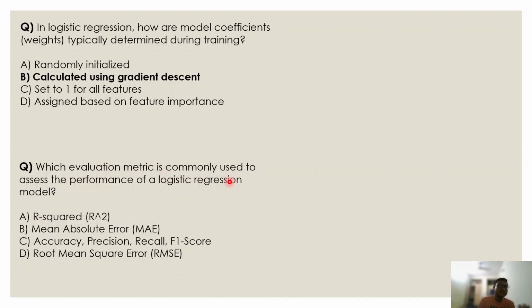Which evaluation metric is commonly used to assess the performance of logistic regression? So these are the performance or evaluation metrics. We have not talked about it, but you can still answer. Once you train the model, on what basis will you judge that model A, model B, model C is the good model?